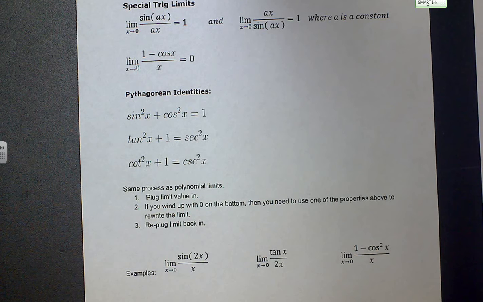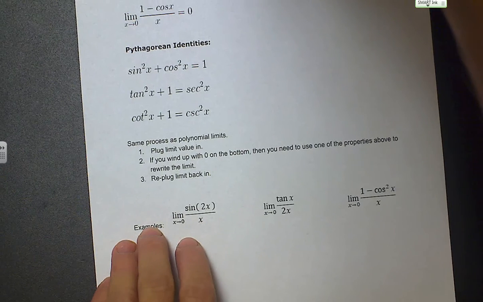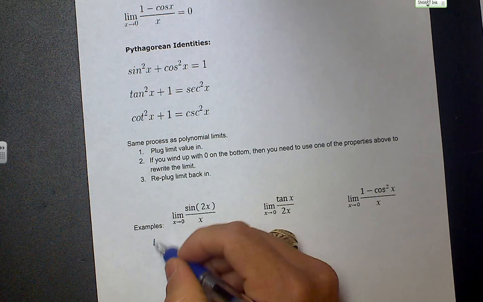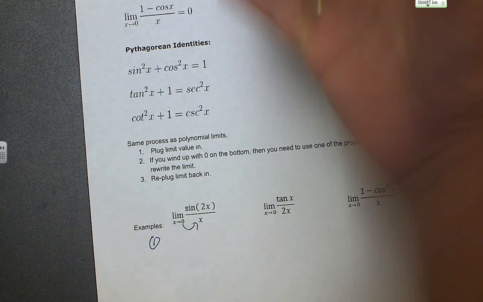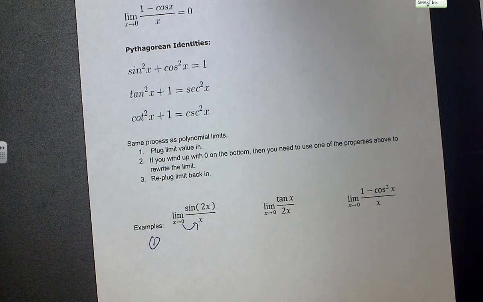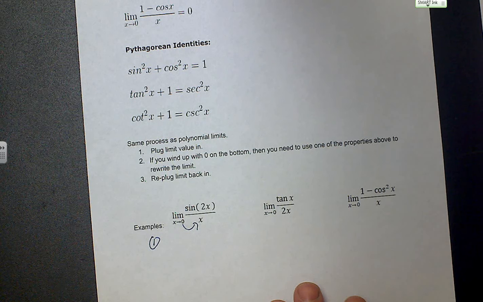So let's do example 1 right here. The limit as x approaches 0, I plug that in, I get 0 on the bottom, I have a problem. I have to use one of the properties above me here. Do I see sine of 2x over 1x anywhere? I do not. I do, however, see sine of ax over ax, right?